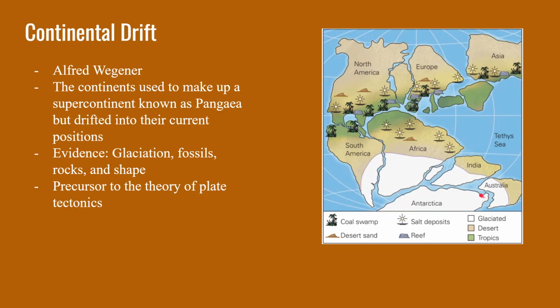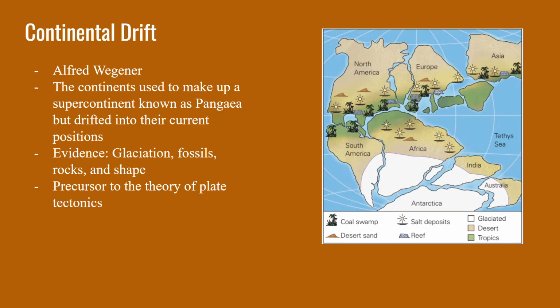He also noticed that certain fossil assemblages were common across different continents, for animals that could not fly or swim and could not easily get between these continents. So they must have been either connected or in very close proximity.